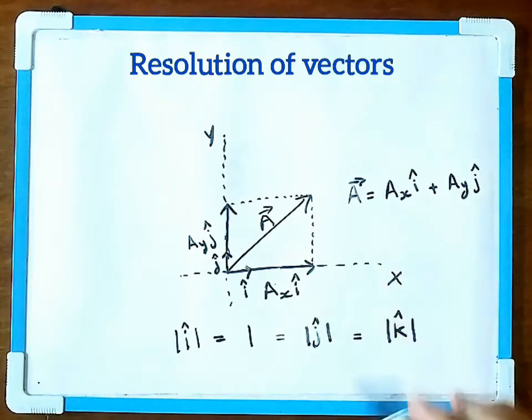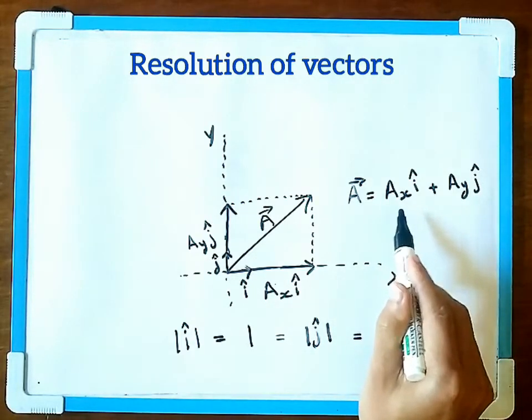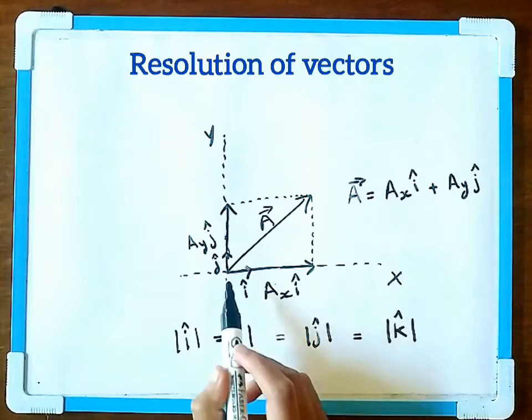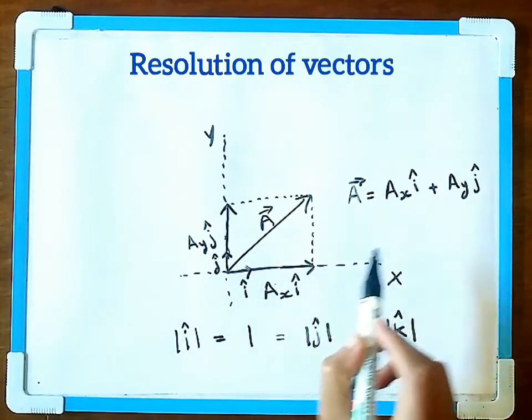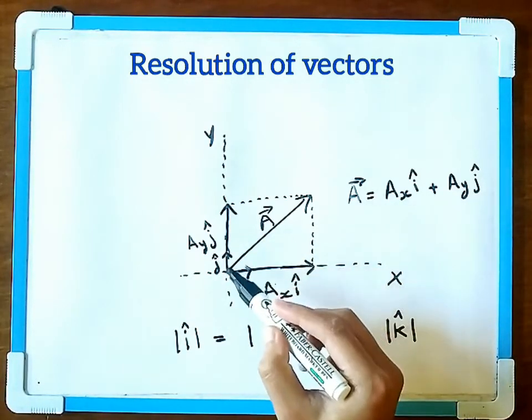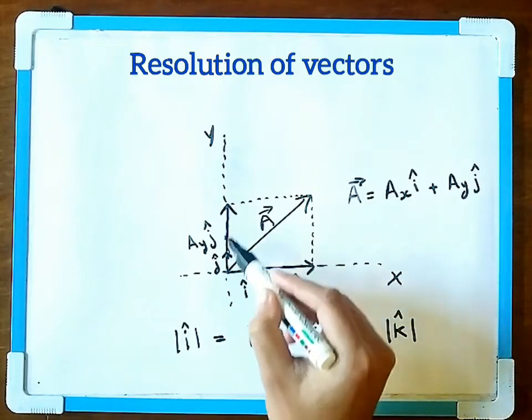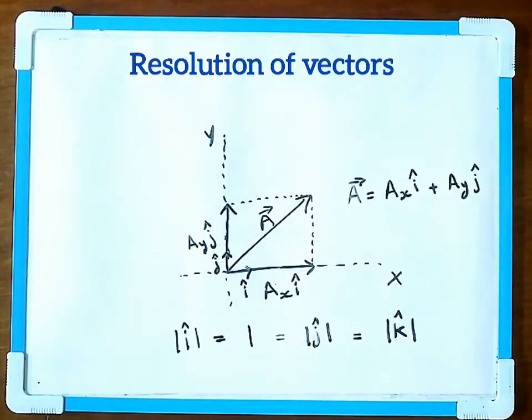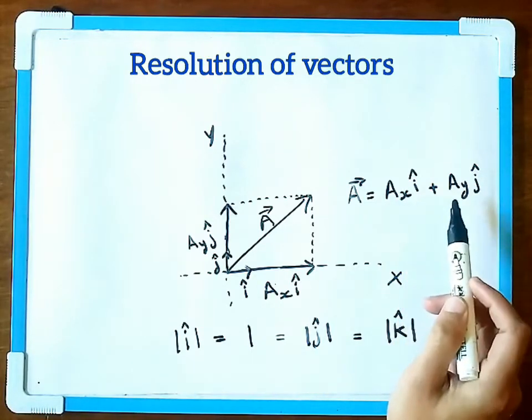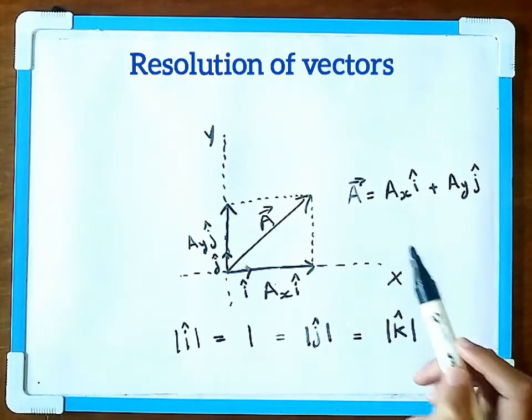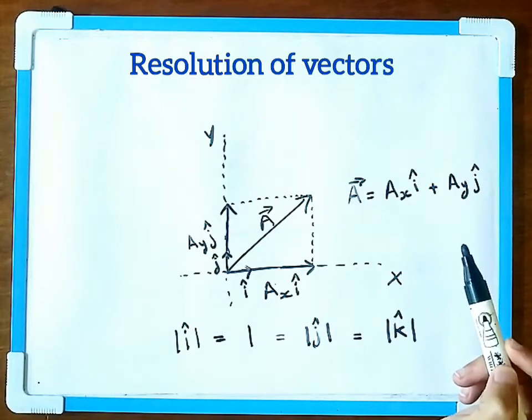Now this ax is the magnitude of the ax vector, that is the distance from here to here, and this ay is the magnitude of the ay vector, which is the distance from here to here. Now we'll actually have to find the expression for ax and ay, and we can find that by using trigonometry.